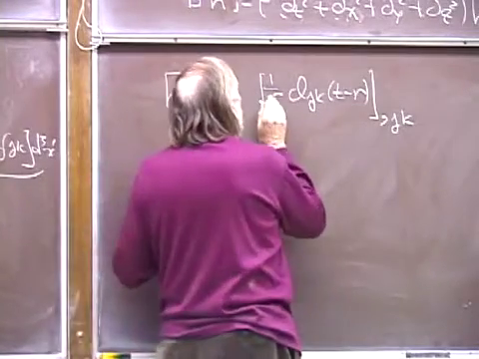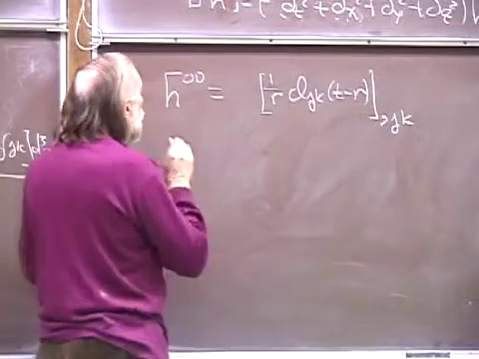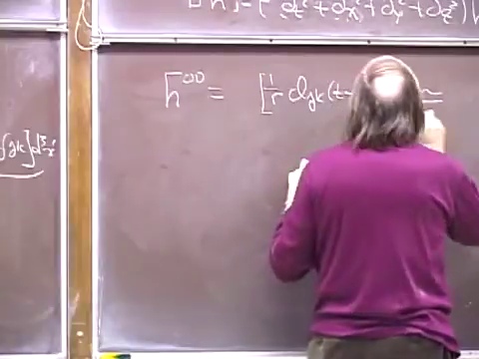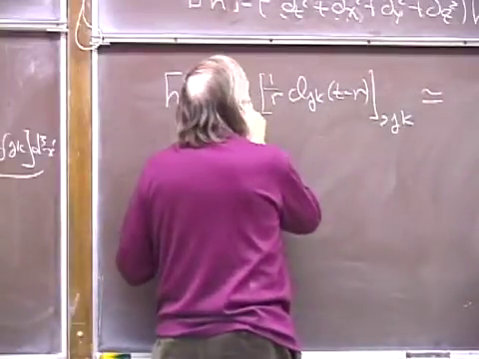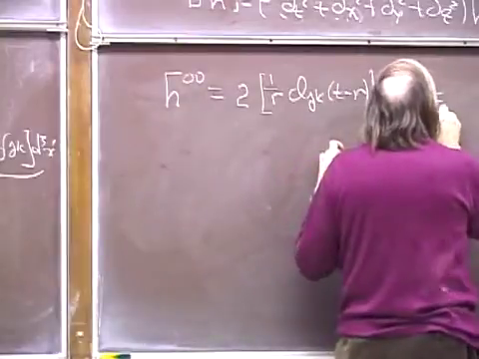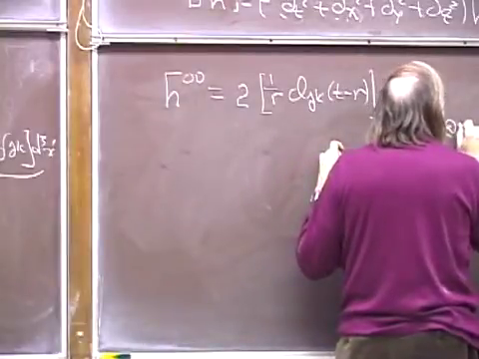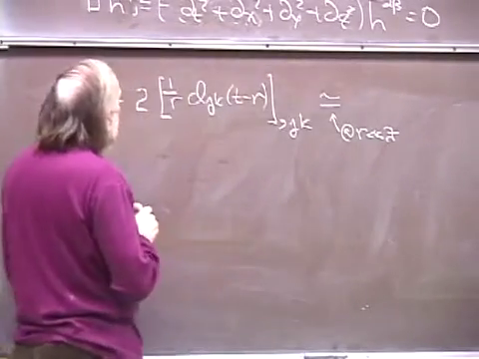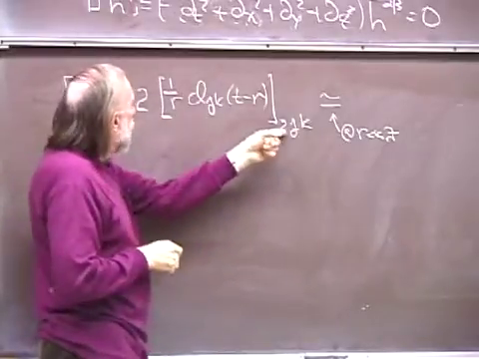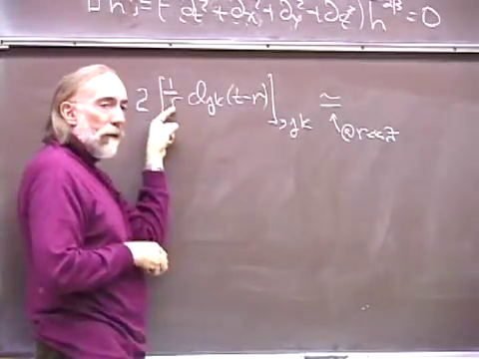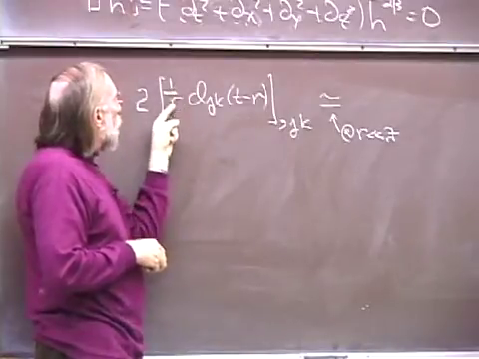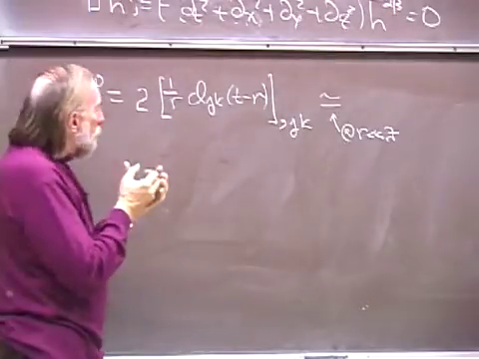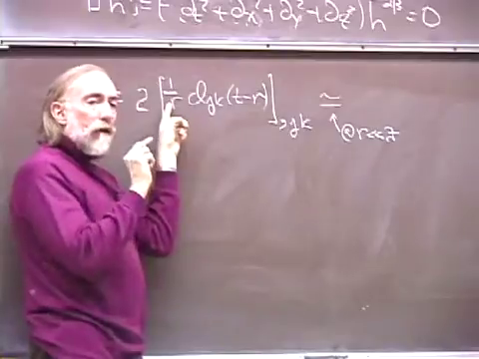And if I look at what this is in the weak field near zone, it turns out that if I put a factor of 2 on here, then at radii r that are very small compared to lambda bar, I want each of these derivatives to act on the 1 over r. Because if I act on the 1 over r, I get 1 over r squared, 1 over r cubed. Every time I differentiate the 1 over r, I get another factor like 1 over r.